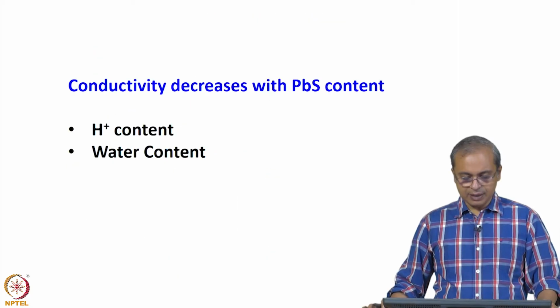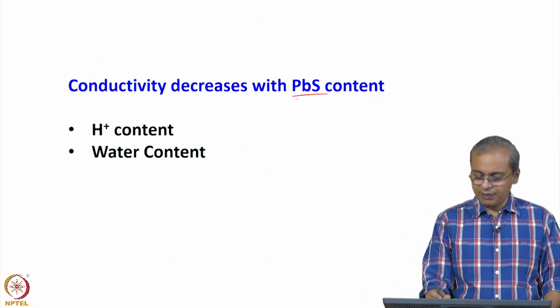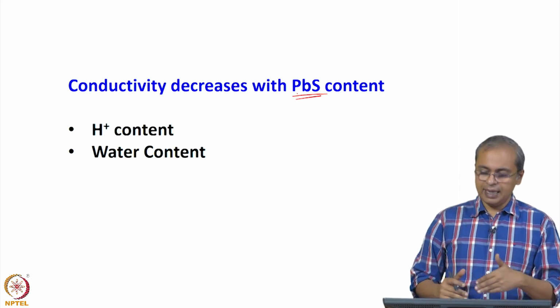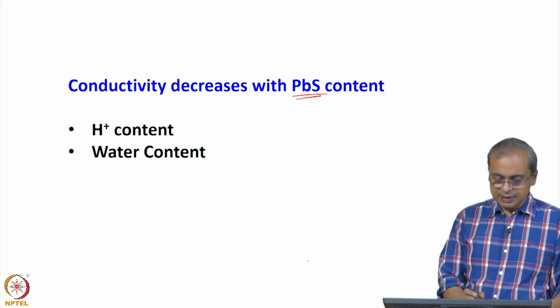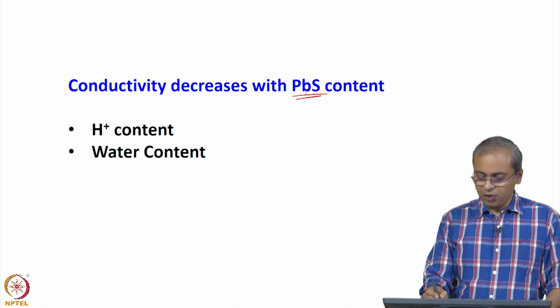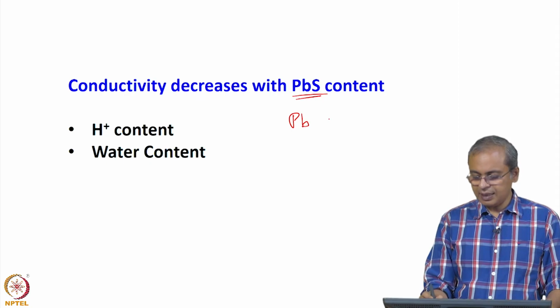And generally what is observed in this kind of a system is that if you take Nafion as the host material, and in that you put the lead sulfide nanocrystals, it impacts the membrane in 2 different ways. First of all, because lead is coming in, it is removing the H plus.